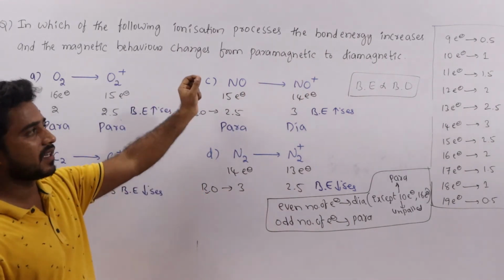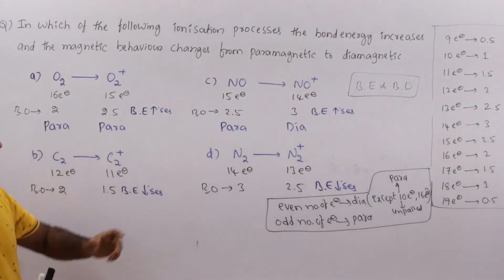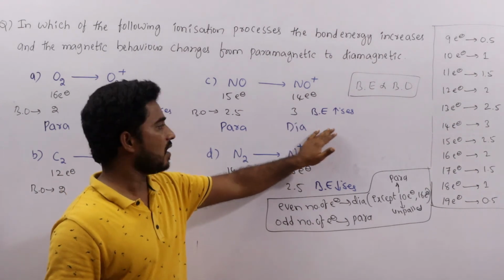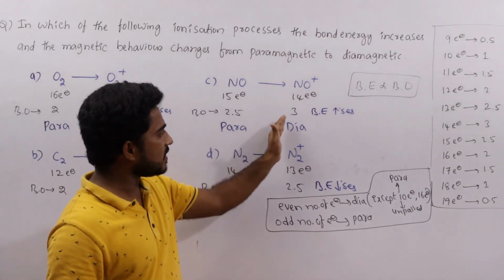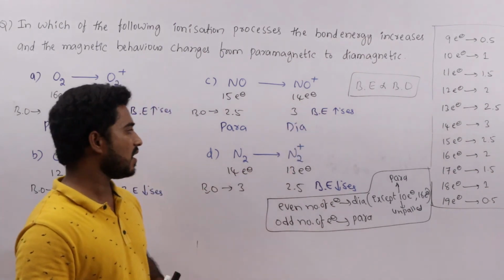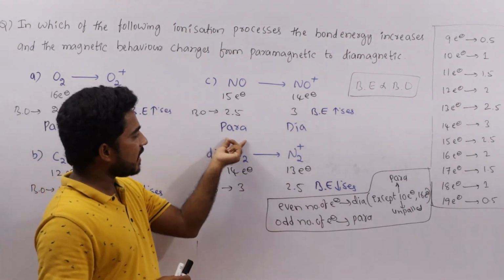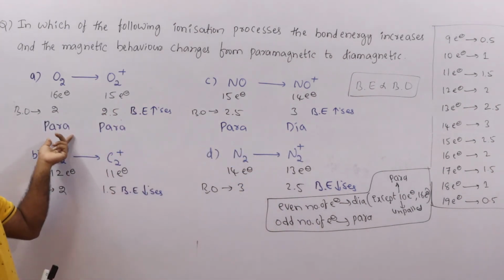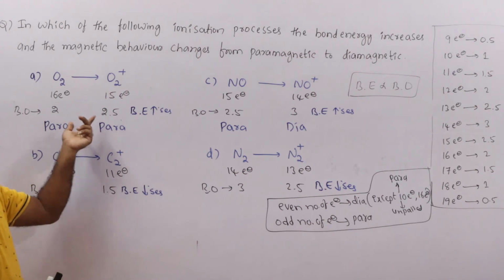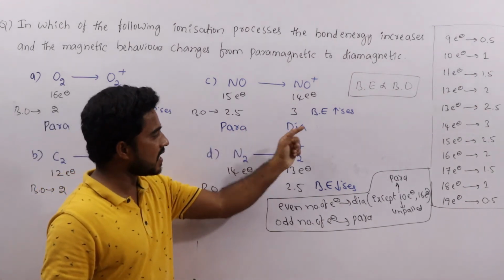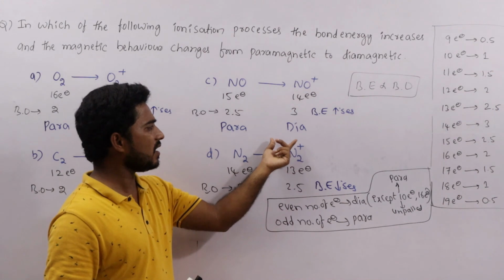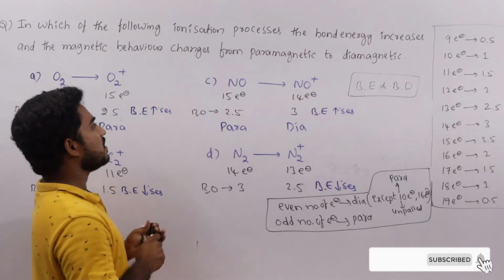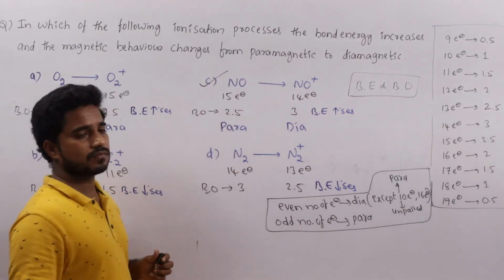Based on that statement, option C is correct, because bond order increases so bond energy also increases, and paramagnetic changes to diamagnetic. The first option remains paramagnetic, so it is wrong. So option C is correct for this question.